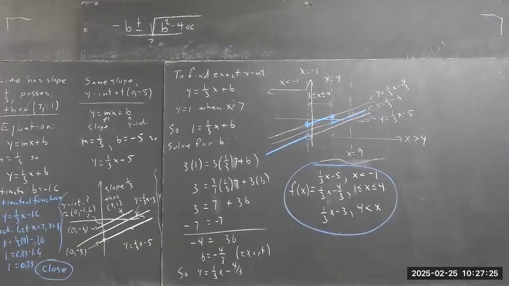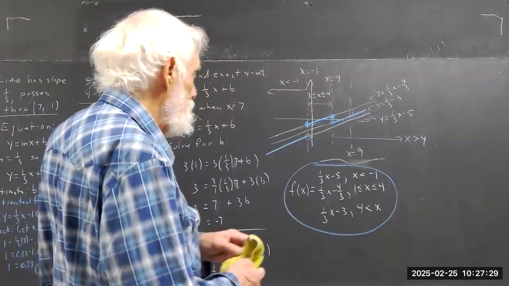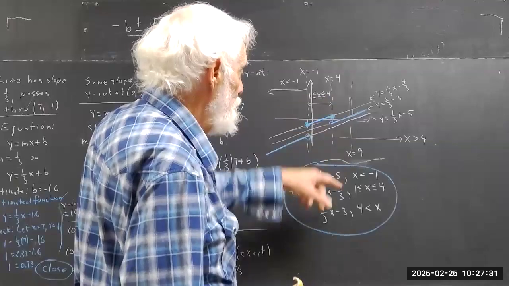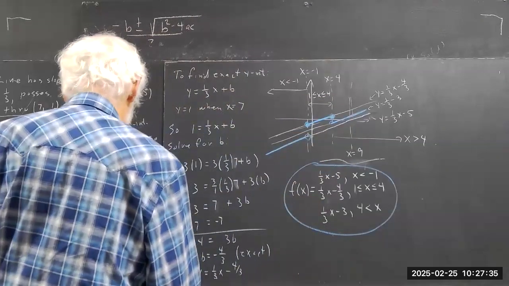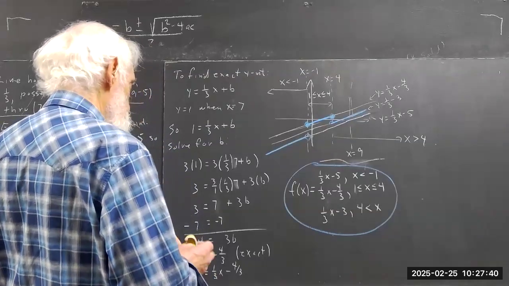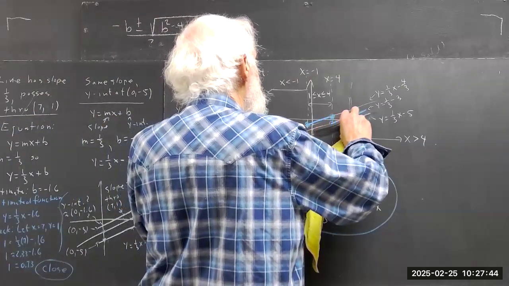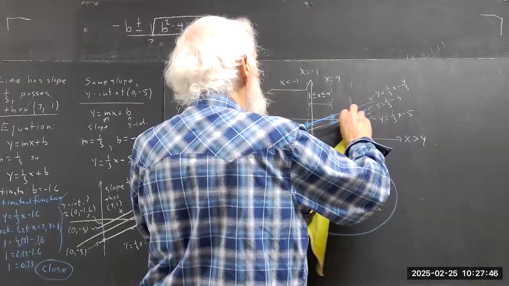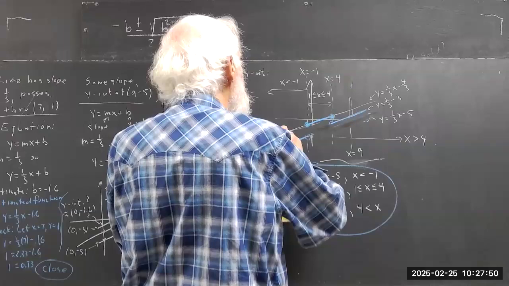Now there is one more thing that we can do here. The y parts of these graphs are not part of the graph of f of x, so we can just wipe them off. So we're going to get rid of this, which I just changed from blue to white, and we're going to get rid of this.